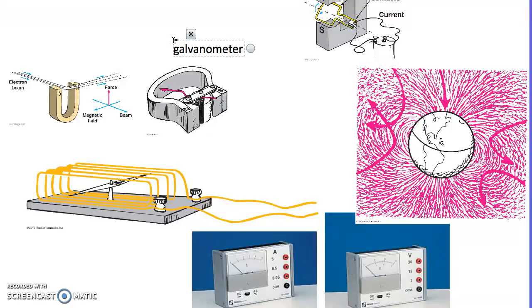Now we have particular types of galvanometers. If we're measuring voltage coming through, we call it a voltmeter. And if it's measuring the current going through it, then we call it an ammeter, because it's measuring amps.